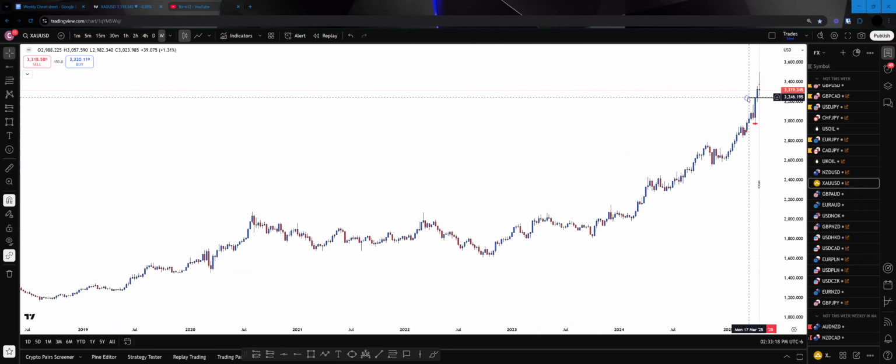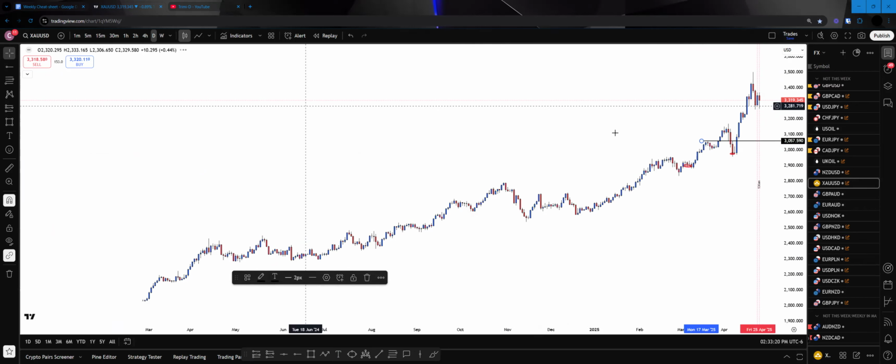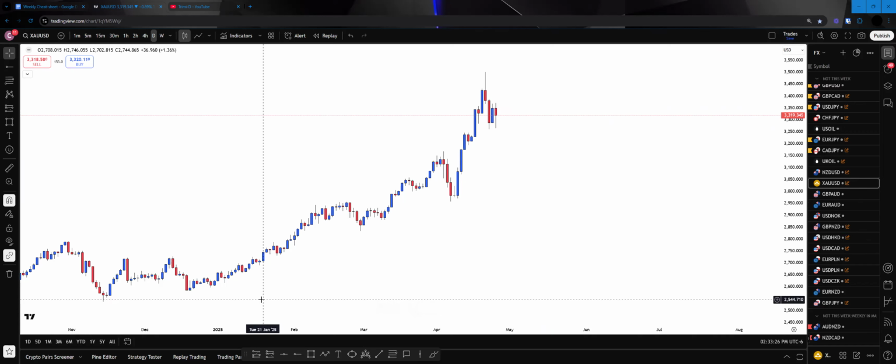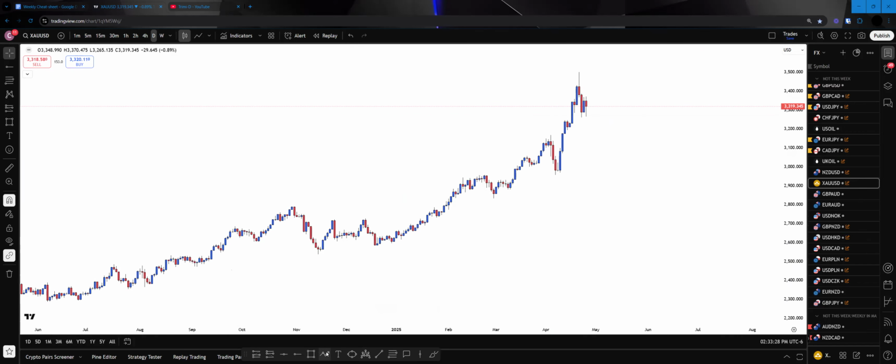Gold at a higher high, indecision if the daily goes bearish. I don't see the daily going bearish. So basically we're looking for it to do that.